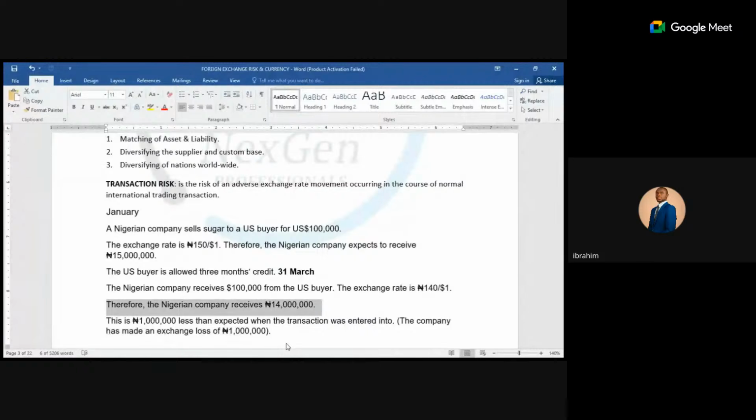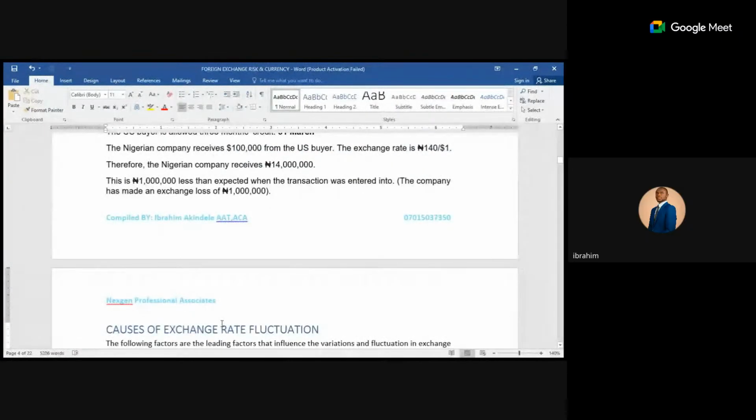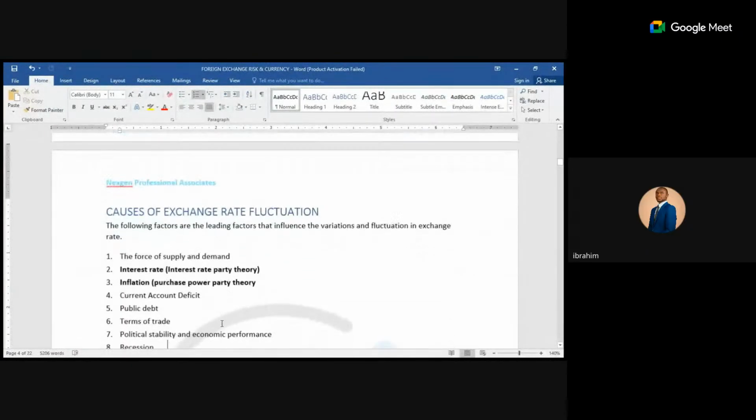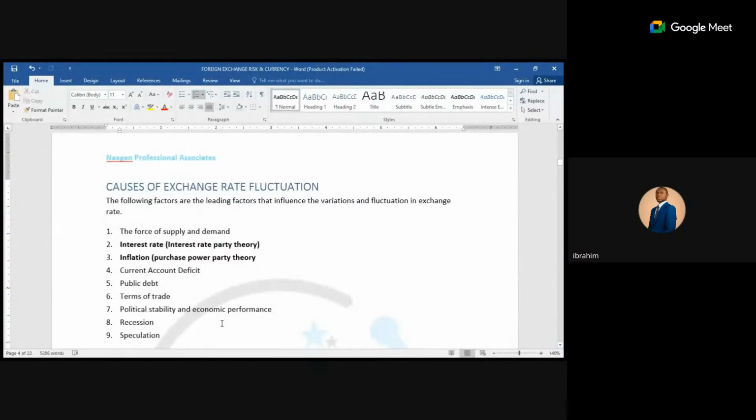The difference, an exchange loss of 1 million, will be debited to the company's account. What's foreign exchange loss? It's a loss to them, right? You can see that they've lost money there, and it makes sense to the person that bought, but what about the company? And this is an example of what is called transaction risk.